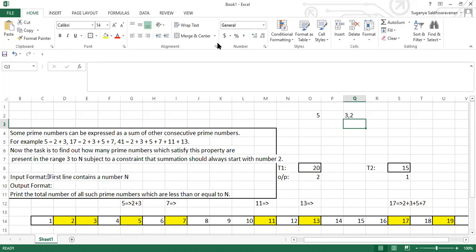So here I have given an open choice, guys. You can go with any programming language you are comfortable with. Make it fast.